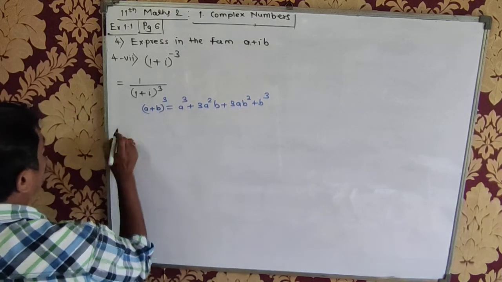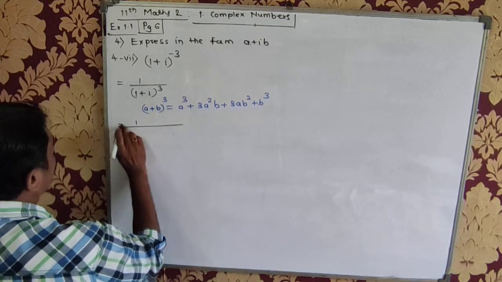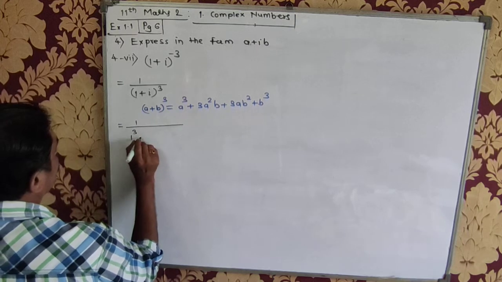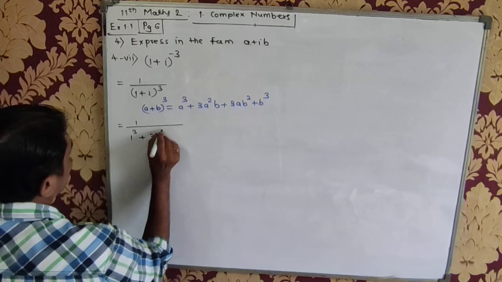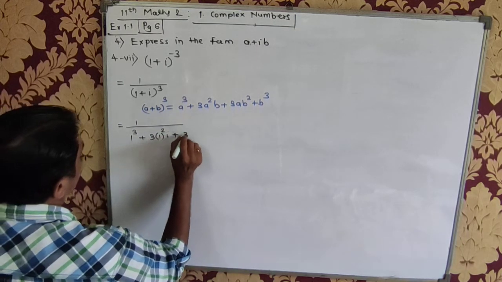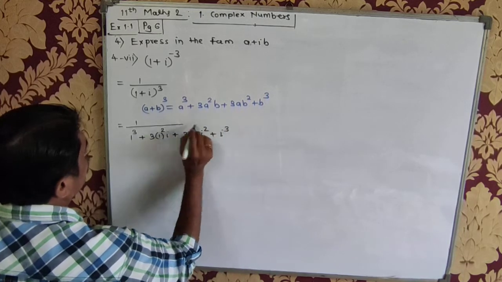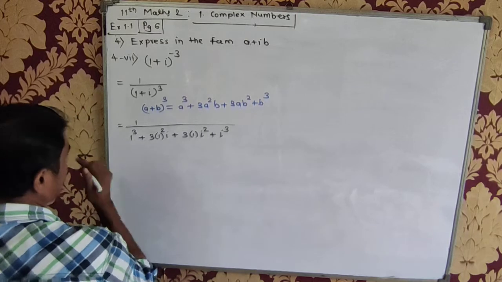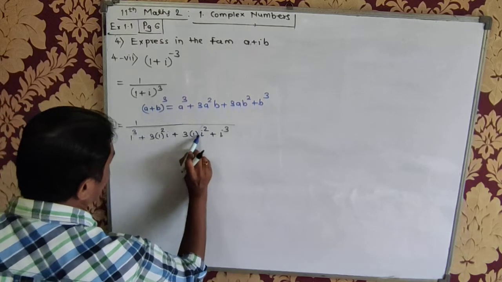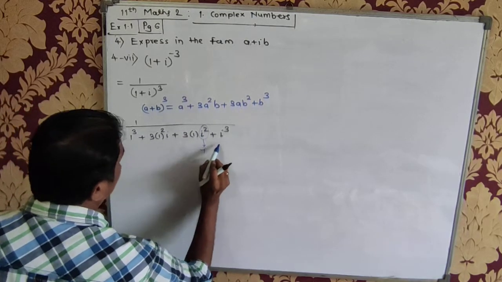So that will give me what? 1 upon 1 cube plus 3 into 1 square into i plus 3 into 1 into i square plus i cube. Okay. Now i square is minus 1.